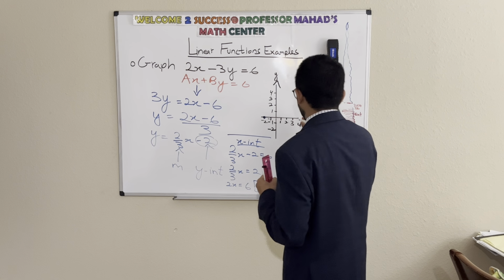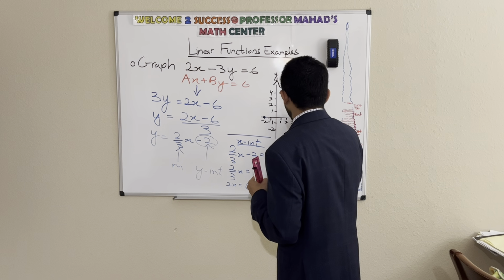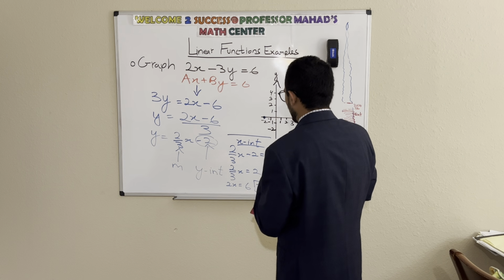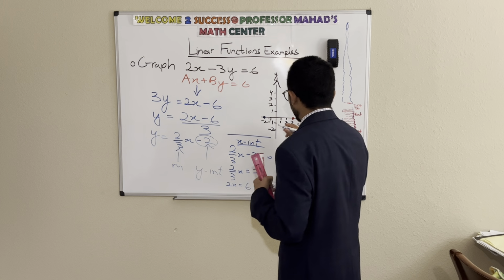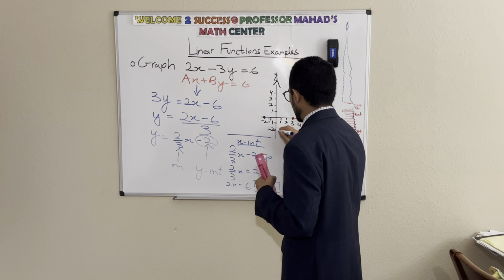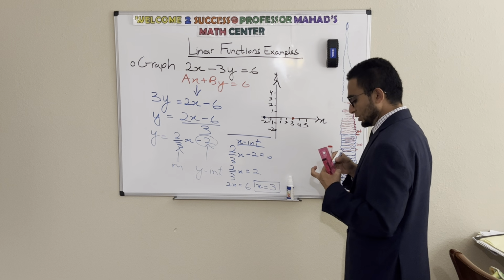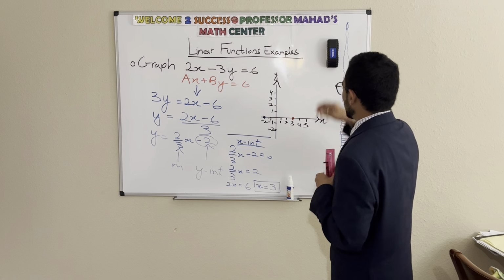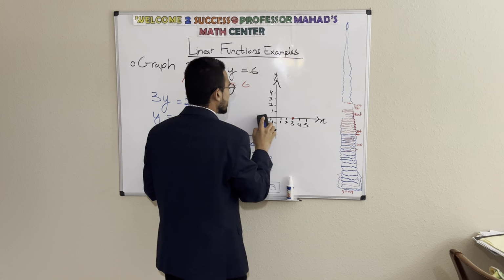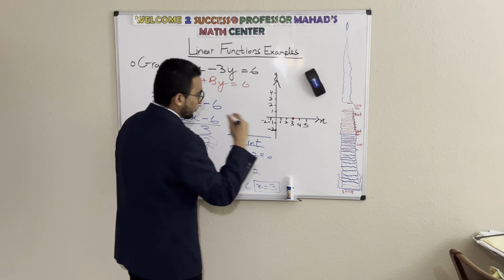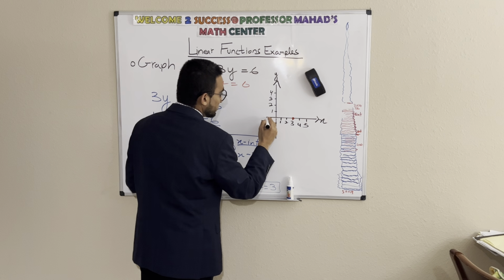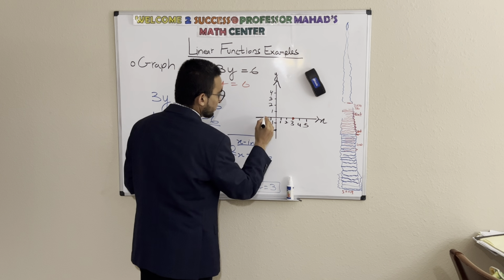Let us plot the x-intercept. My apologies, the y-intercept is at the y-axis. So we have -2 at the y-axis. Then we have the x-axis. This is what happens when you don't have your coffee in the morning.